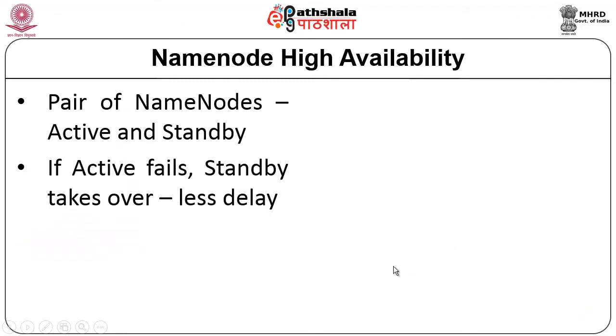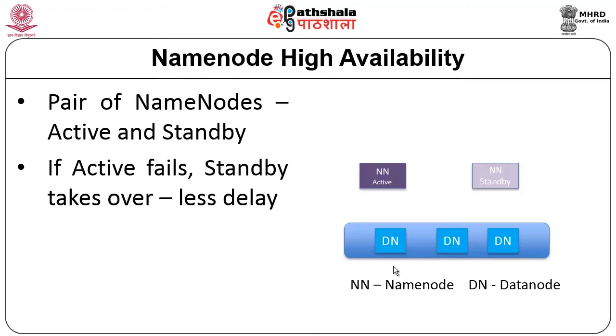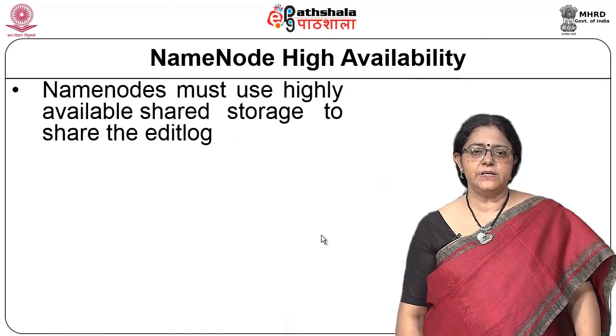The high availability is where we have an active and a standby name node. So, there are two name nodes, and the data nodes, as usual, there are multiple data nodes, and when a data node reports the block level information, it reports to both the name nodes. The active name node will create the edits and FS image, and the standby name node will use that to ensure that it is always available.